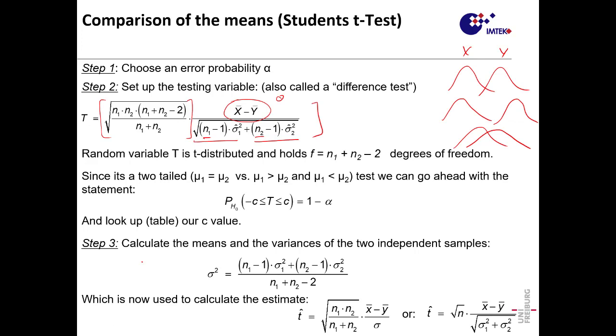Once you have done that, then you can say if the means are different or not. The t-distribution will have degrees of freedom, which is the number of points of one sample plus the number of points in the other sample, minus 2, because you are estimating the mean and the variance.